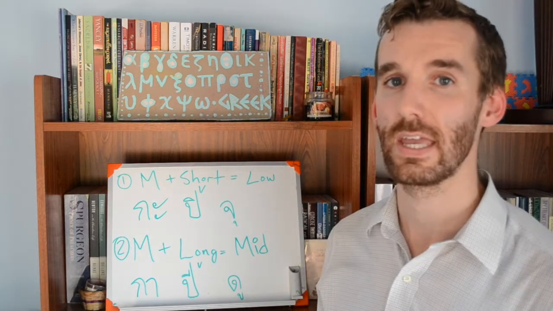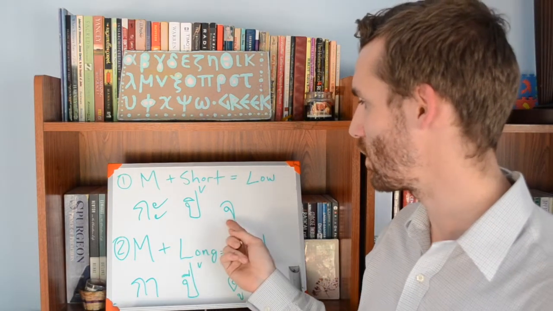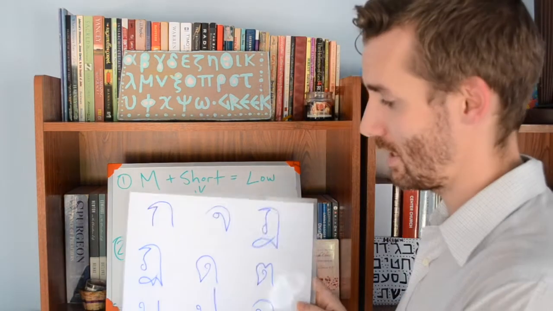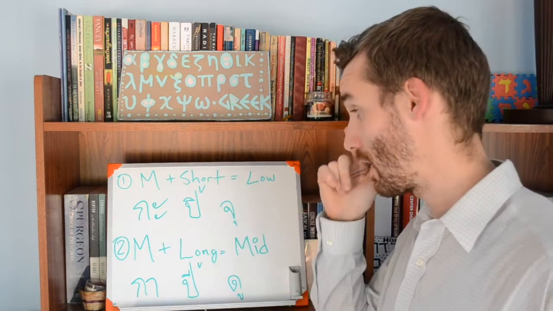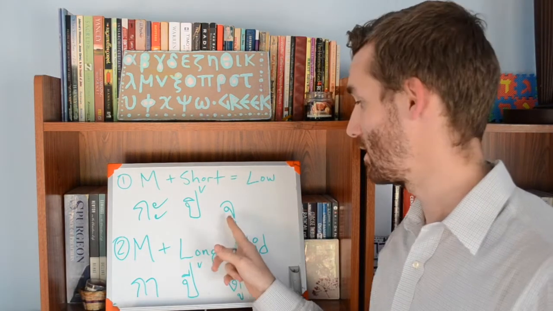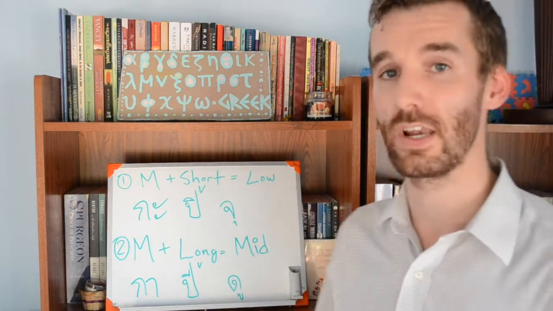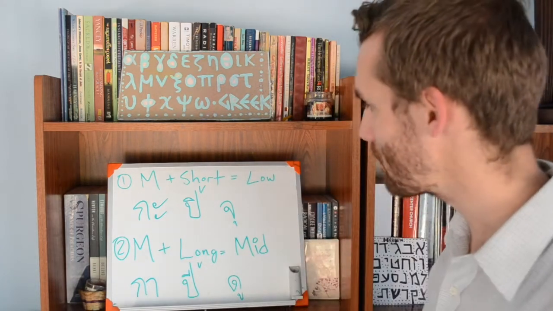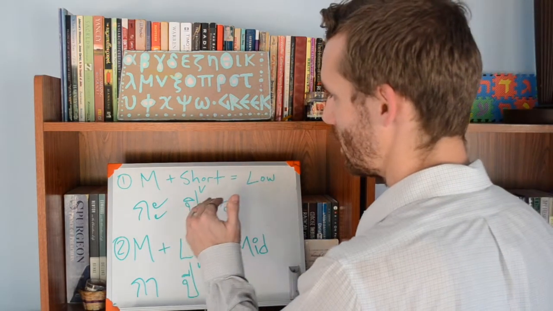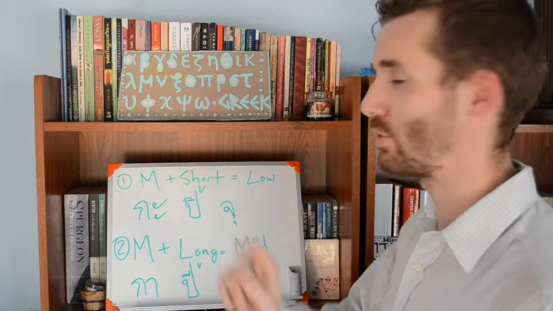Okay, Beat, short low tone. Okay, again, you can insert any one of these 9 characters here, and they're going to follow that same pattern. So we have the letter Jaw Chan with a short U sound. And so when those 2 come together, it's going to make a Ju sound. Okay. Again, all of these are short low tones because of the middle class consonant and the short vowel.